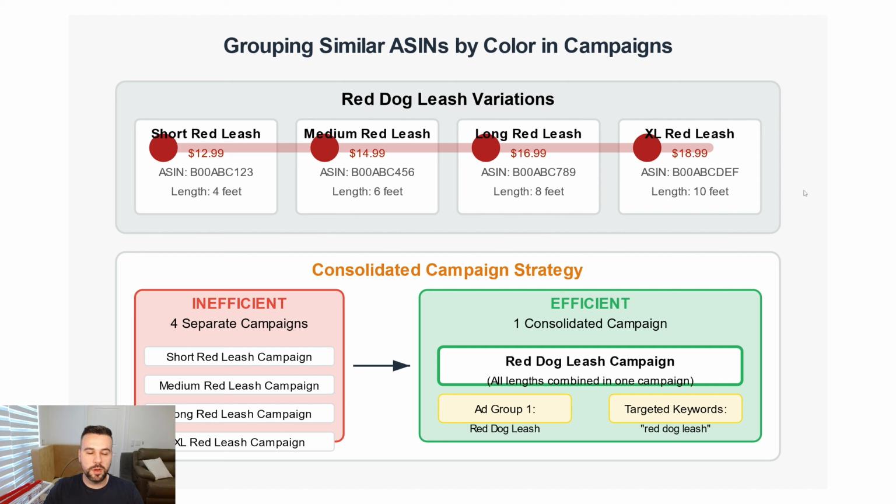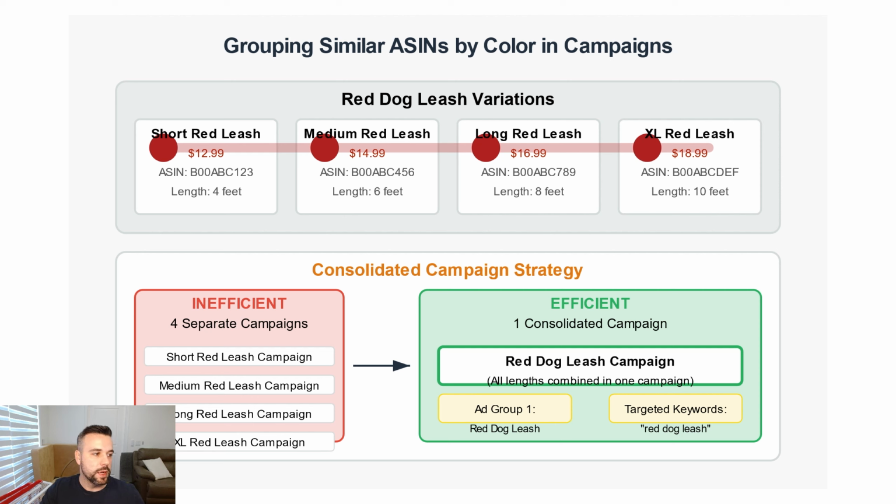Now, what do they all have in common? They're all red. So we can group these together. They're going to share those hyper relevant keywords. So the efficient way to do this is to create one campaign, have all these ASINs in that one campaign. It's still one campaign, one ad group, targeting those hyper relevant keywords such as red dog leash.